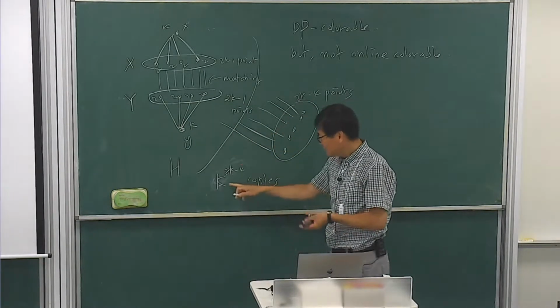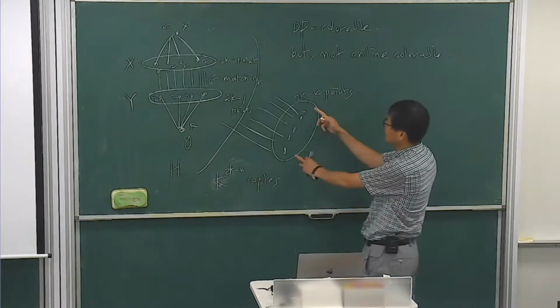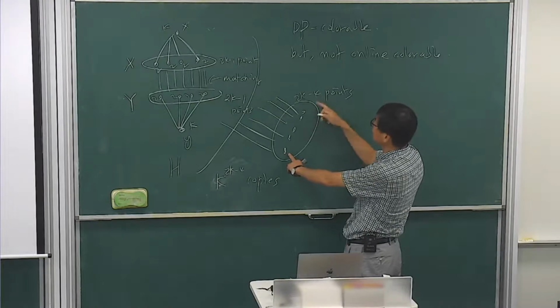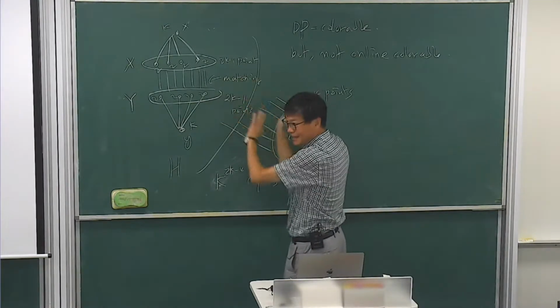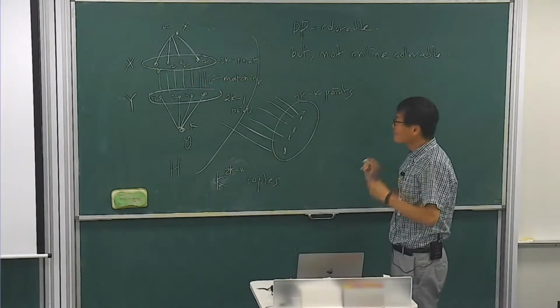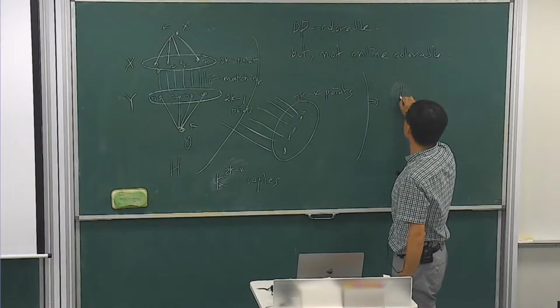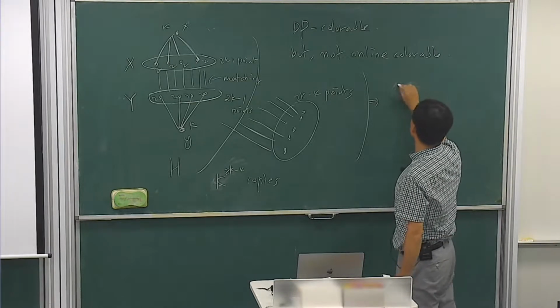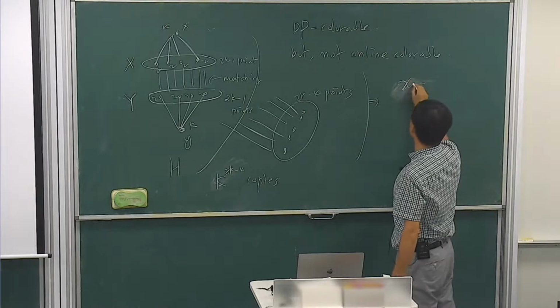We have this many copies of H. Then we have a new vertex, 2k minus 4 points, and we connect nicely. Then we are able to show this. Okay, let me see.